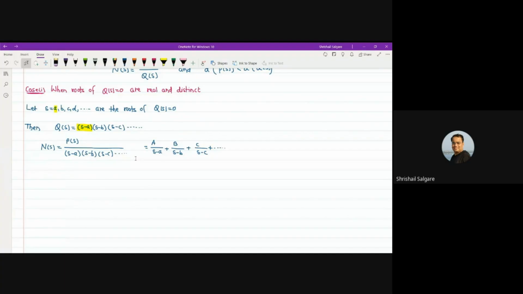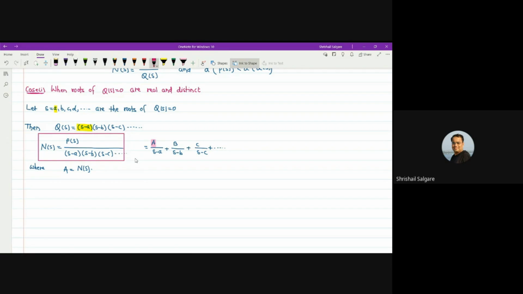So here I am going to explain the formula to calculate the constant. Suppose our aim is to find the first constant A. The coefficient A is given by, what you have to do? You have to take N of s, that means this term as it is.